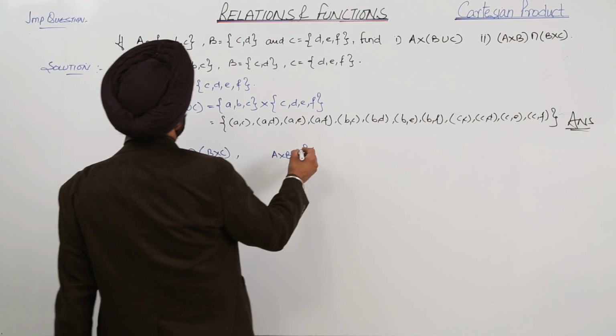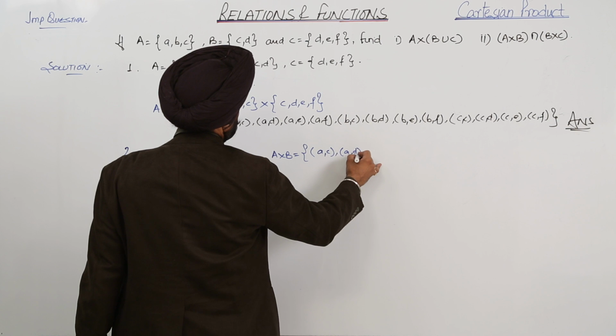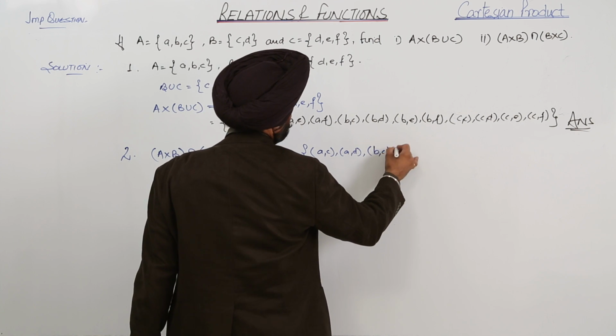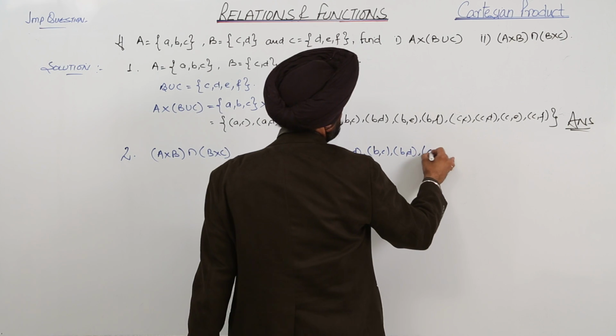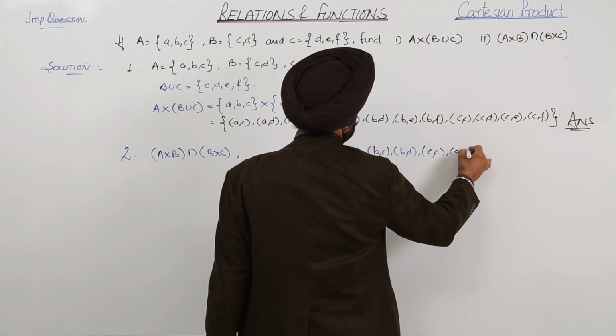So A cross B will be AC, AD, then BC, BD, then (C, C) and (C, D).